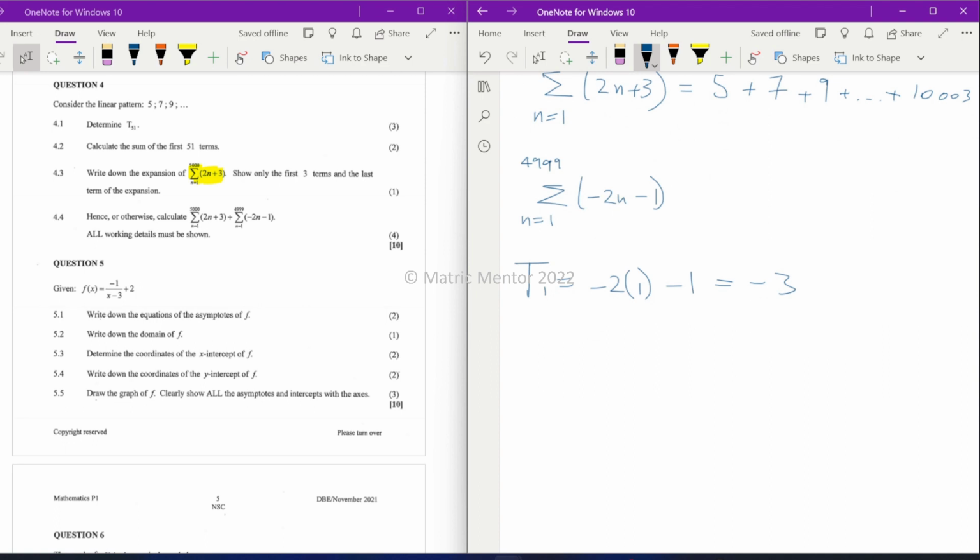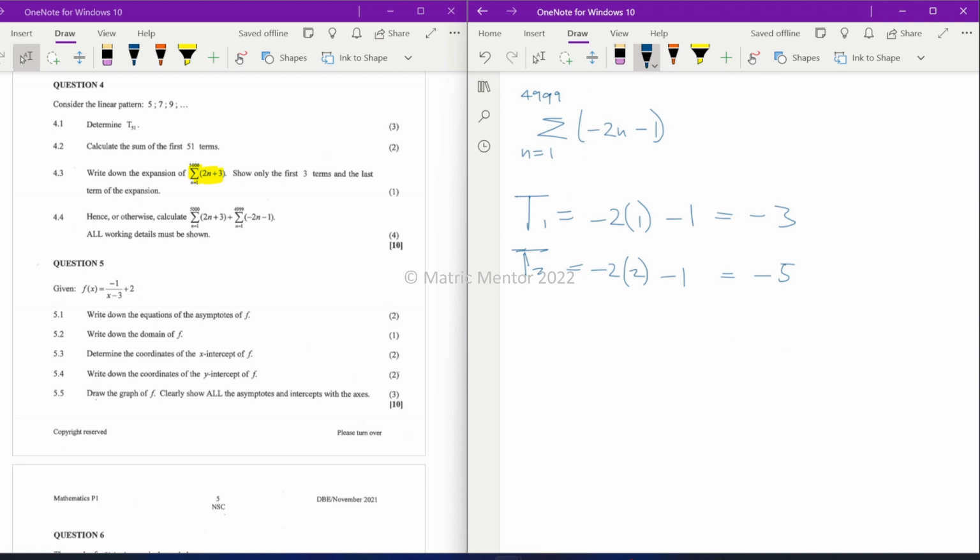Then for t2, we can have minus 2 times 2 minus 1, that is minus 5. Okay, for t3 we will have minus 2 times 3 minus 1, which is minus 6 minus 1, that's minus 7.